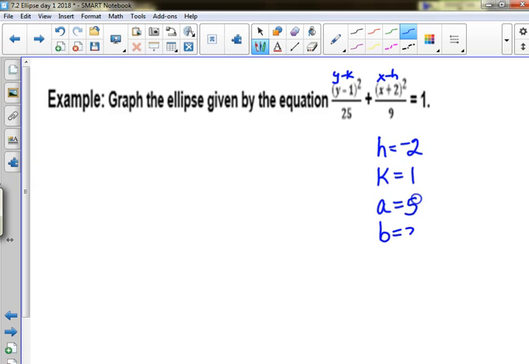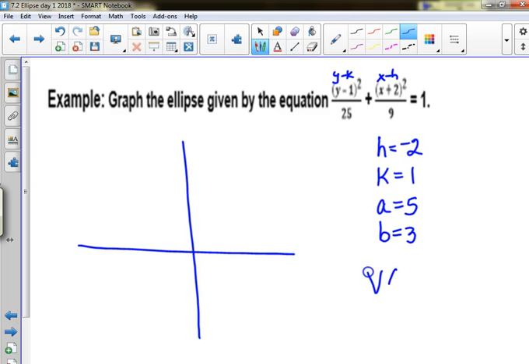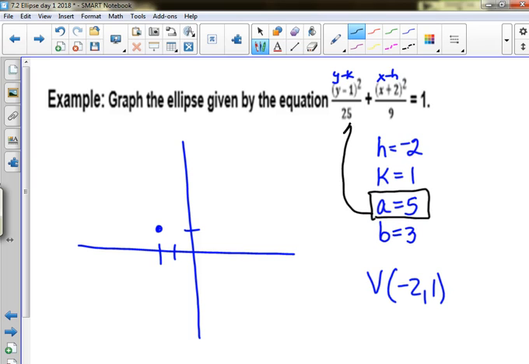B is 3. Except for finding the foci, we're like done. How do you plot that? The vertex is -2, 1. So I go -2, 1. Okay. And now A tells me 5 units, but it was underneath which one? The Y. So I'm going to go 5 up and down because it was under the Y's. Everybody go to that?